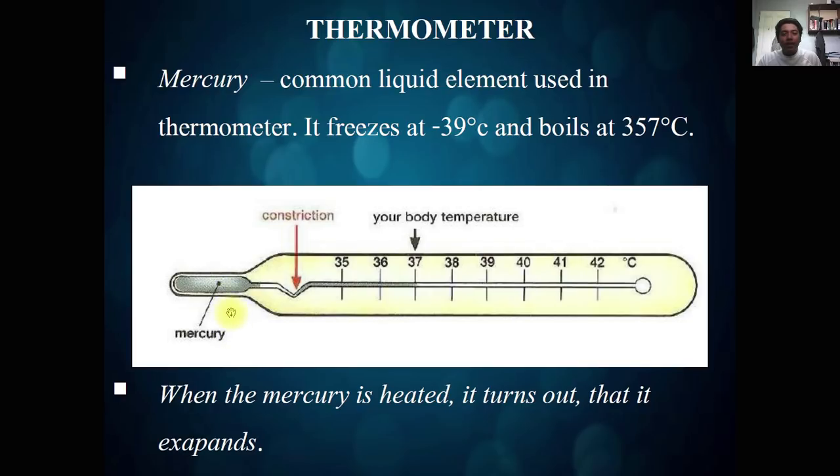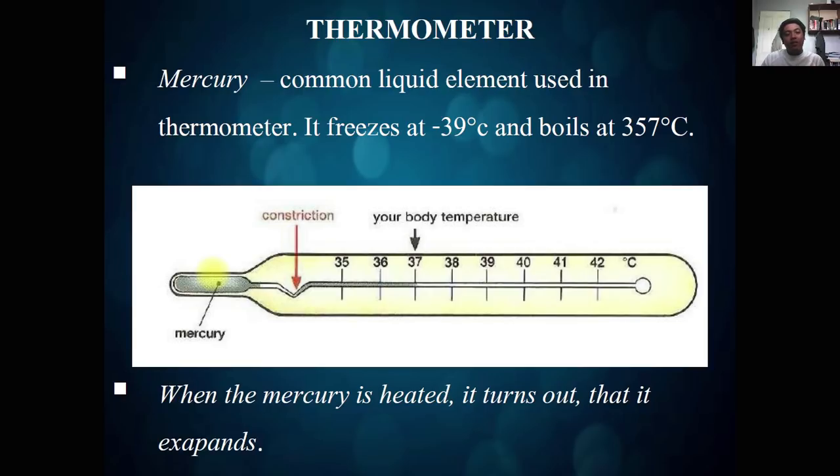Our armpit produces the heat that we have in our body, so the mercury tends to expand. Why? Because the mercury is being heated.